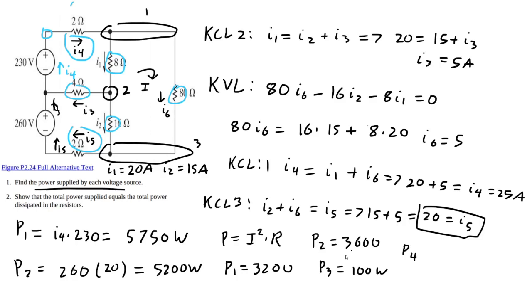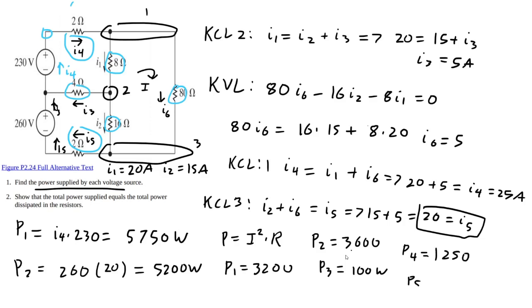I4 is the 2 ohm resistor, so we have 25 amps. And then, okay, so 625 times 2 is 1250.